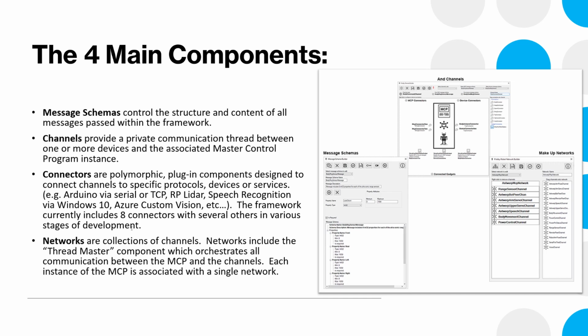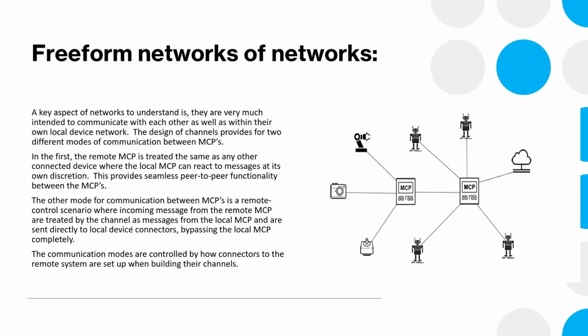Okay, so now it's where it gets a little more interesting. Freeform networks of networks. One of the key design ideas behind the framework is that there's nothing to say that the device that you're connecting to with the channel cannot be another MCP. It can.